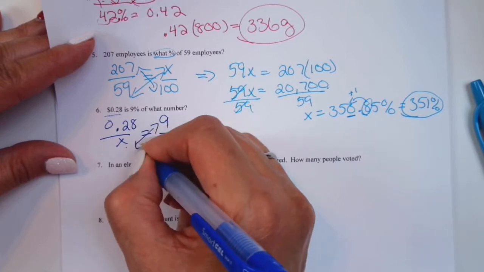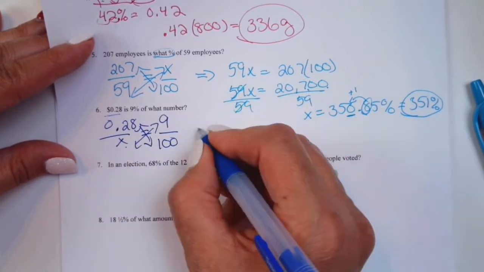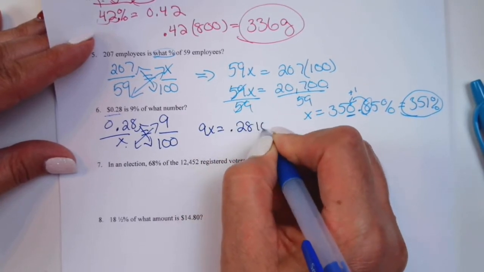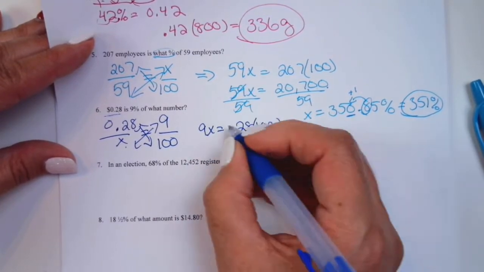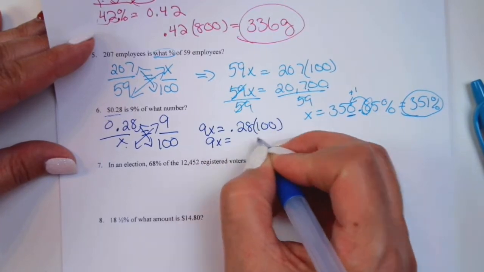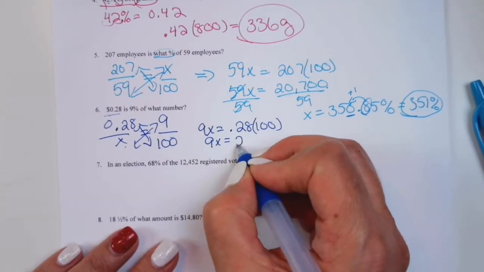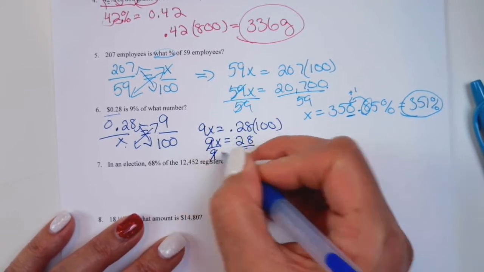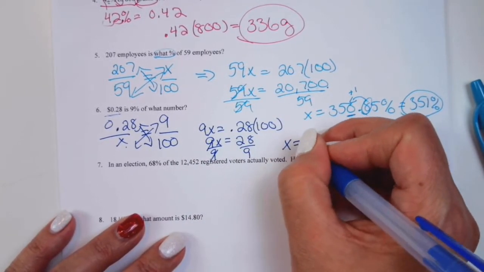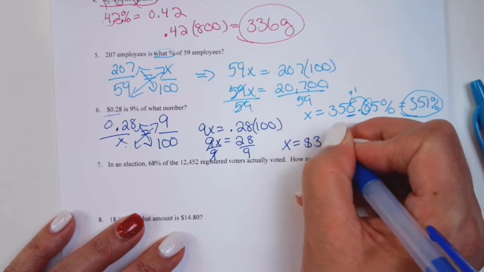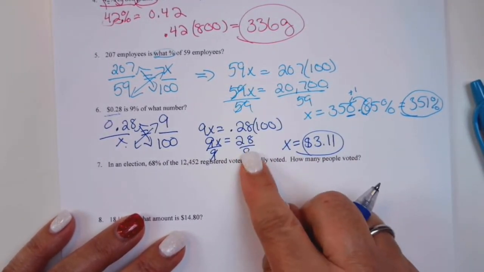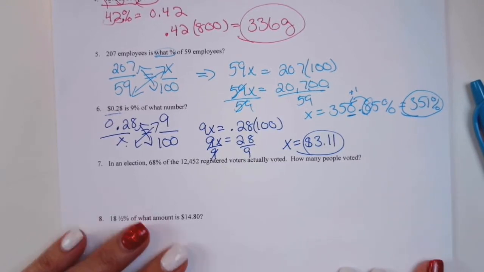And again, we're going to cross multiply here. So 9 times X equals 0.28 times 100. So 9X equals 28. And then we divide by 9. And we get $3.11. And again, do that calculation with a calculator, 28 divided by 9.